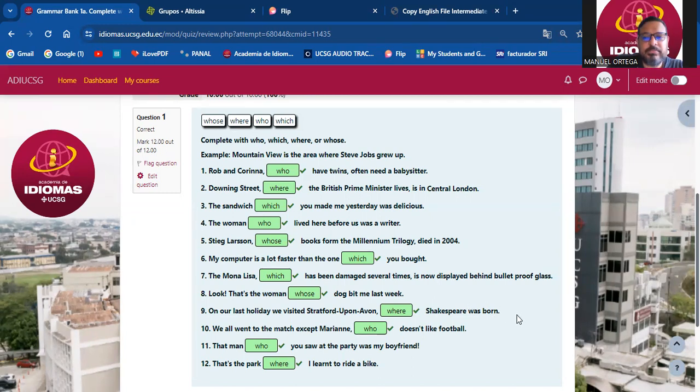Number 10, who, we're talking about Marianne. Number 11, that man, a person, who. And number 12, that park, like a place, because you learn to ride a bike in there.